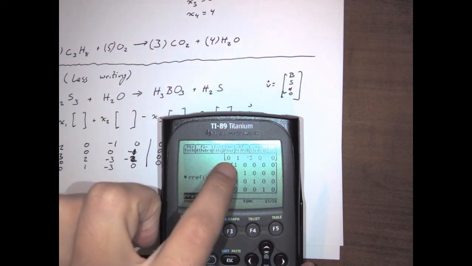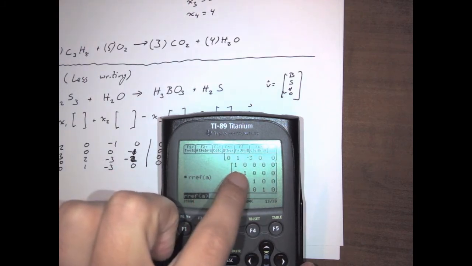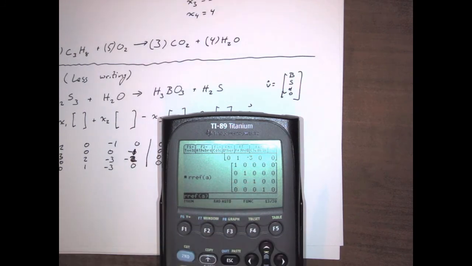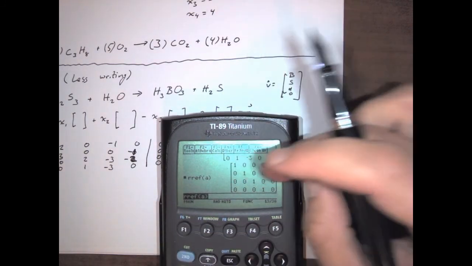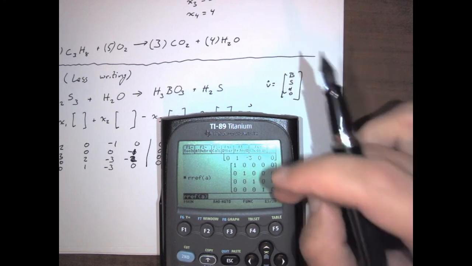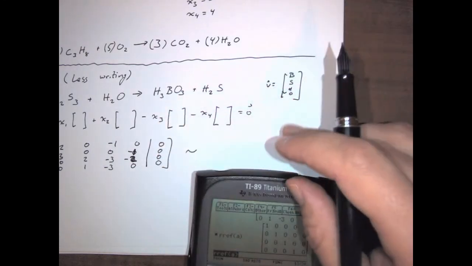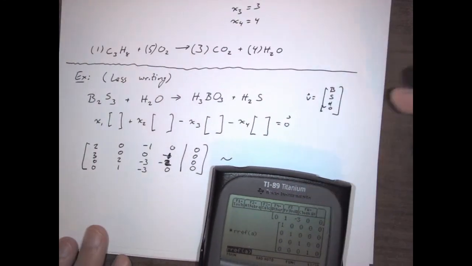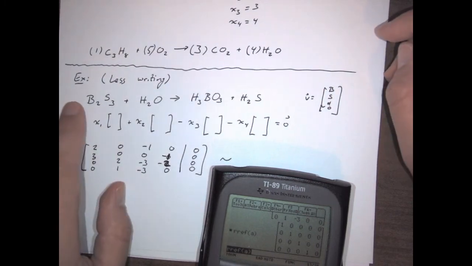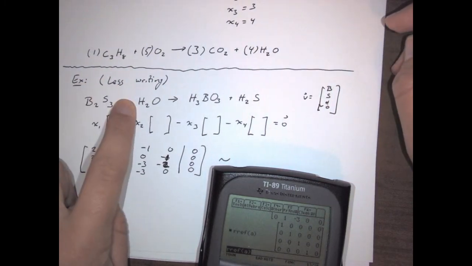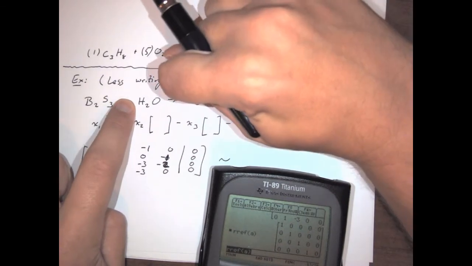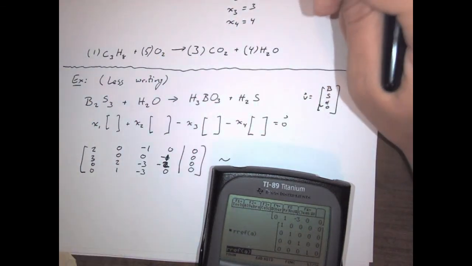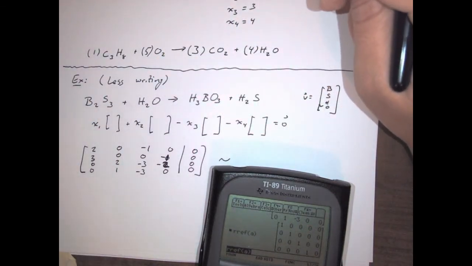So row reduce 1, 2, 1, 1, 1, which would mean x1 equals 0, x2 equals 0, x3 equals 0, and x4 equals 0, which would mean that the only way that this particular chemical reaction could make sense is if none of this with none of that produced none of that and none of that, which is nonsense.